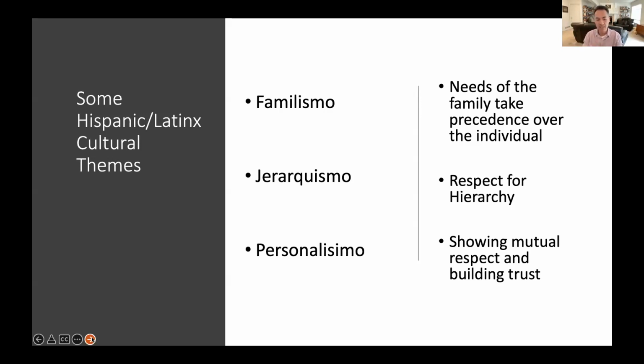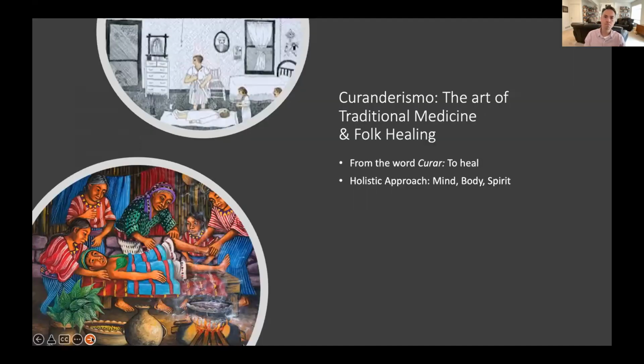If you can establish this kind of dynamic from the start, it's going to make an easier transition for care. And again, personalismo, showing mutual respect and building trust, goes back to Dr. Williams' awesome slide about shaking hands and being respectful. Next slide, Dr. Williams.